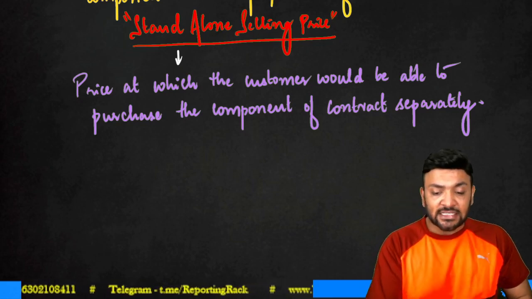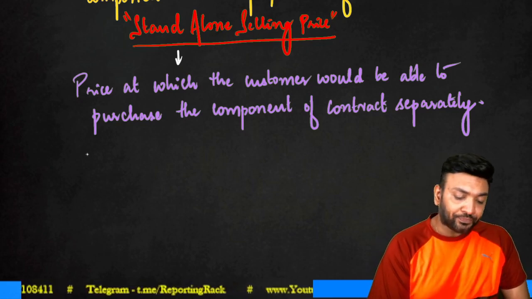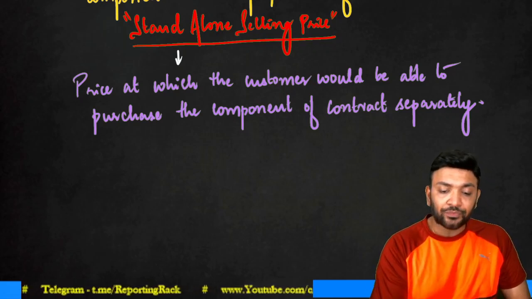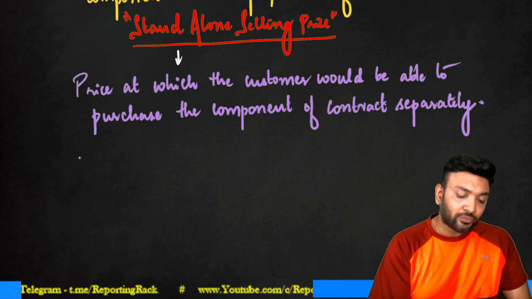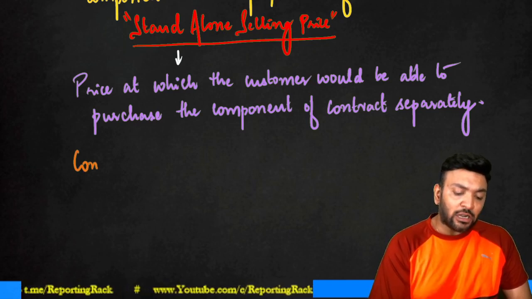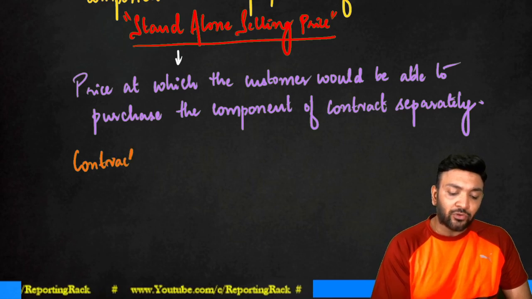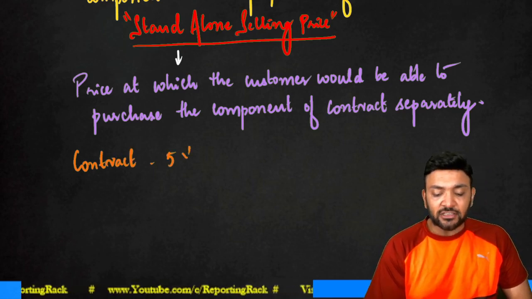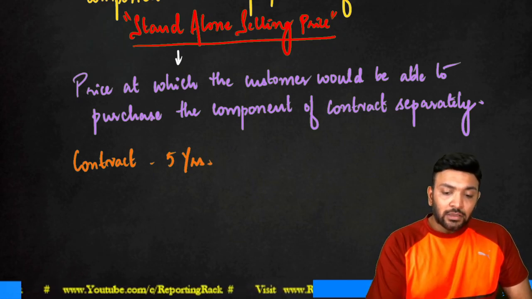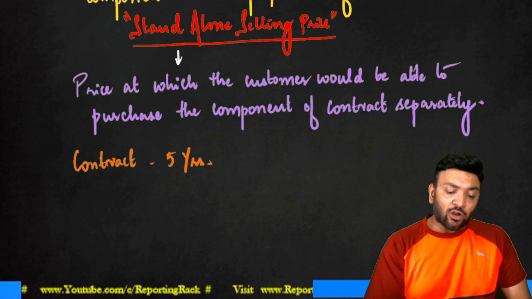Let's say, for example, the contract is for a period of 5 years. There were 3 assets included in the contract.